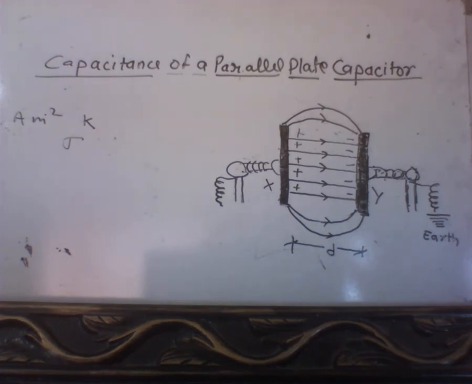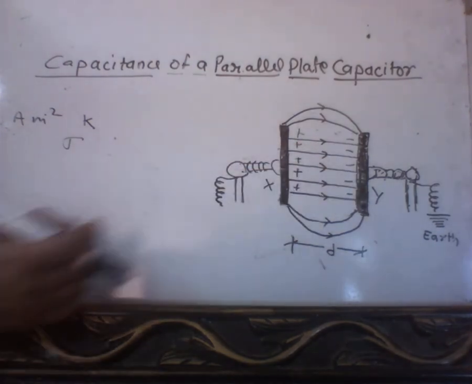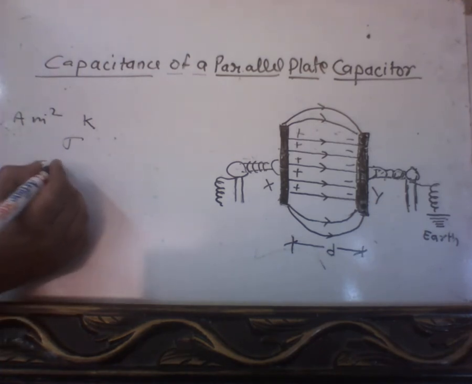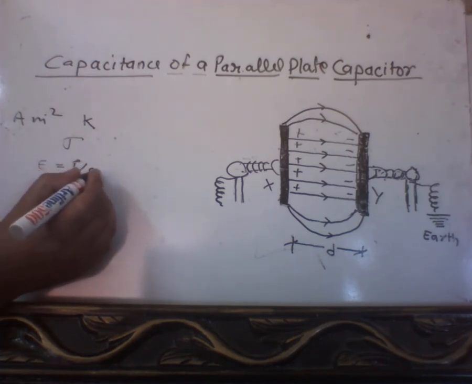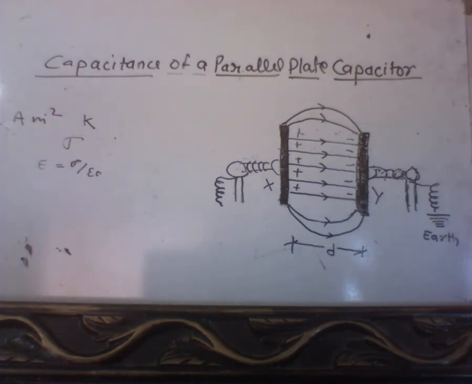Now the intensity of electric field at a point between two plane parallel sheets of equal and opposite charge, because the plates have equal and opposite charge, will be E equals sigma upon epsilon naught.